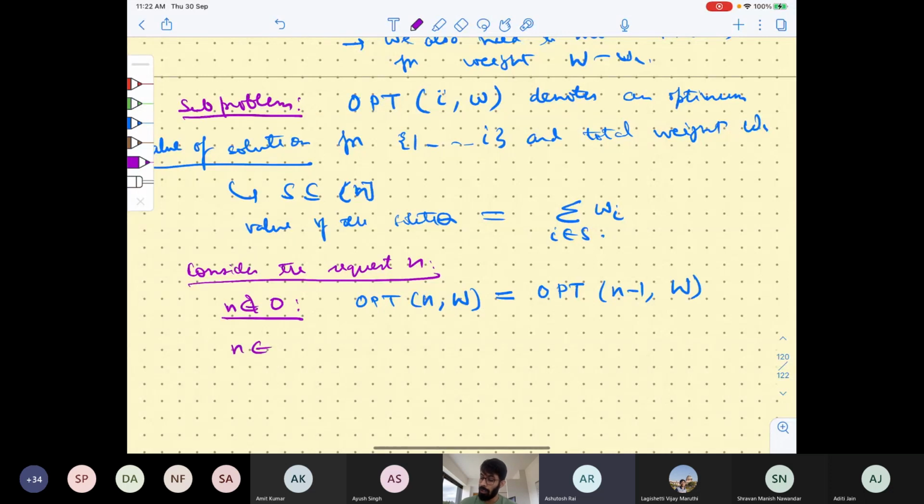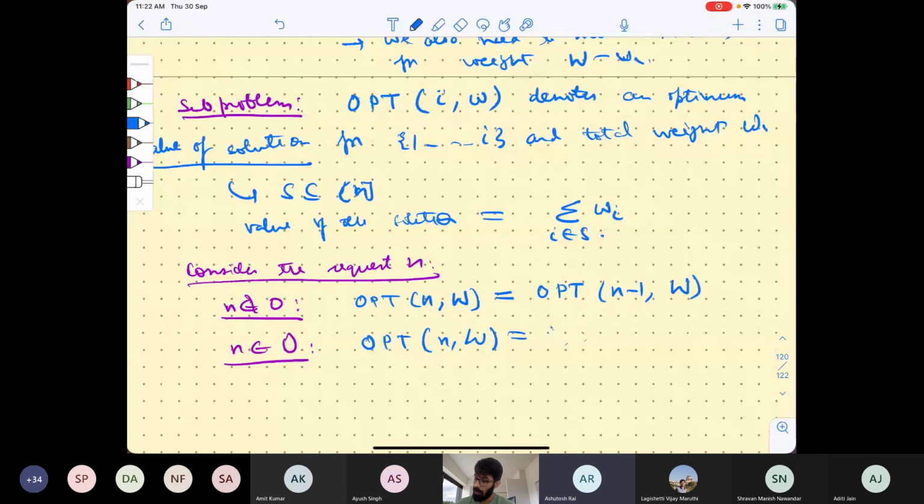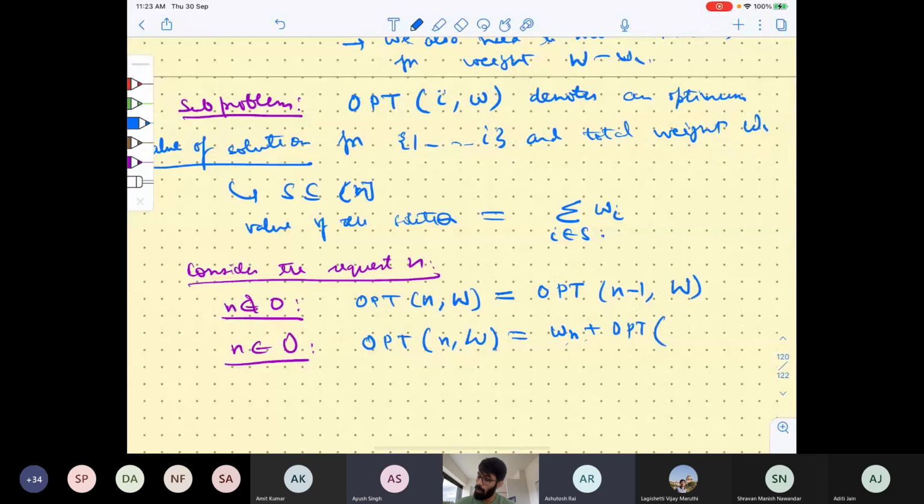And if n is in the solution, then opt of n comma W is equal to wn plus opt of n minus 1 comma W minus wn.